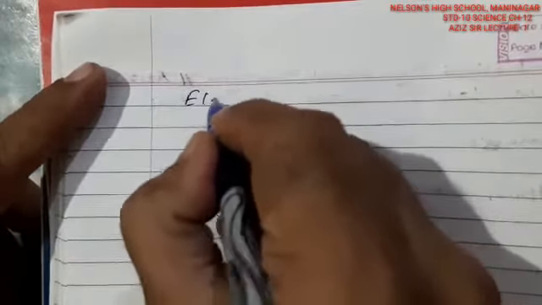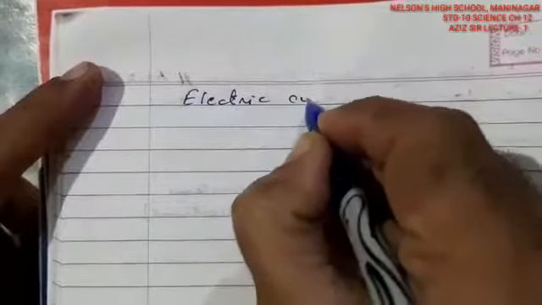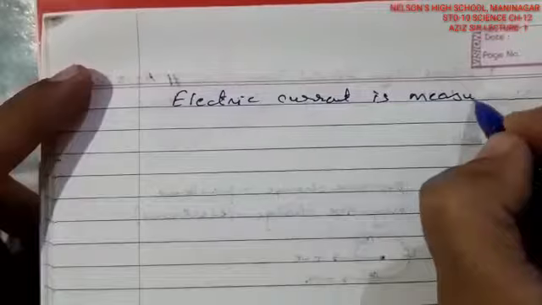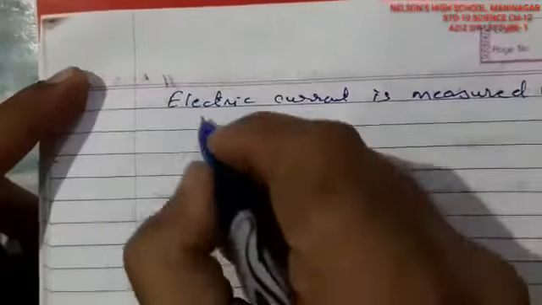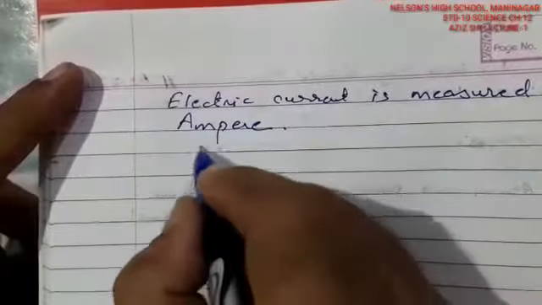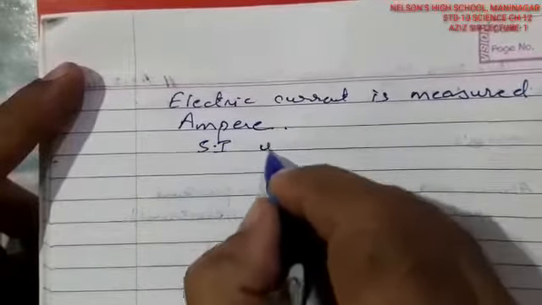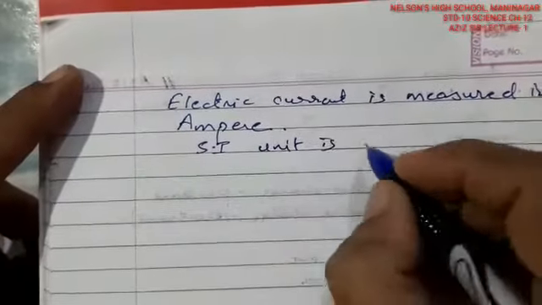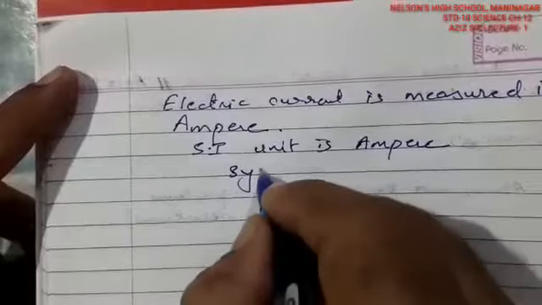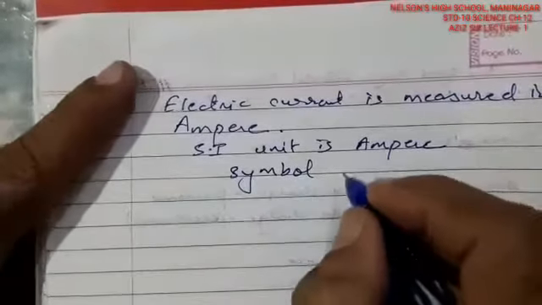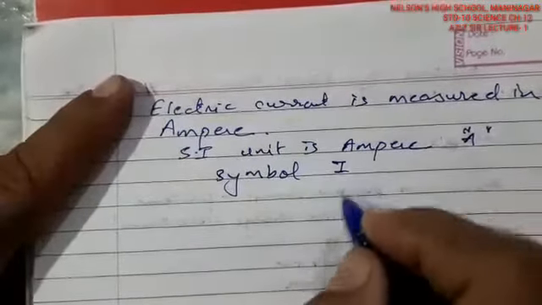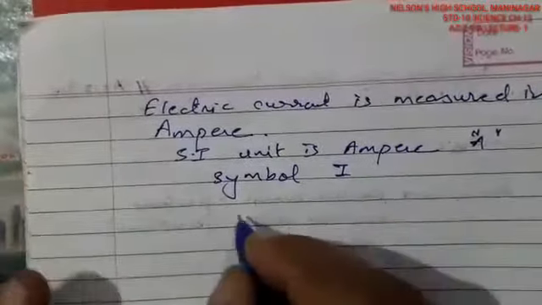Electric current is measured in ampere, because Ampere was the one who suggested it. The SI unit is ampere and the symbol is A. The symbol I is used for electric current. Now what is the value of I here?